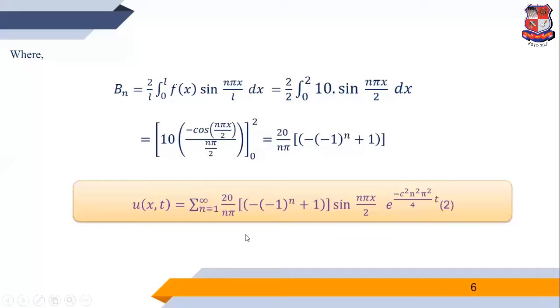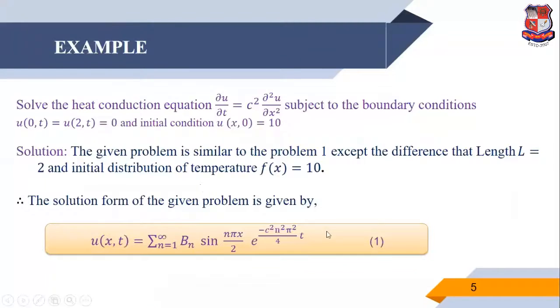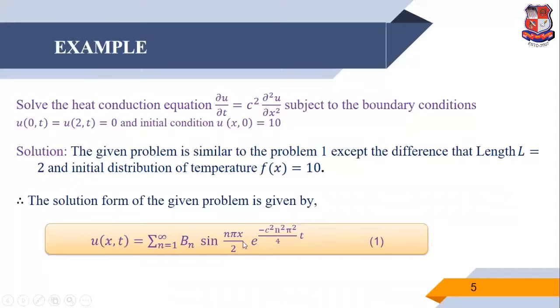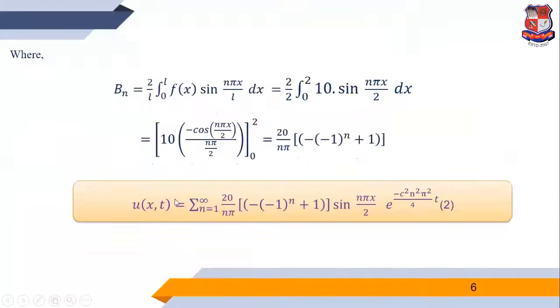We put this b_n in equation 1. Therefore, we get the solution of the given problem with initial and boundary conditions, that means IBVP, initial boundary value problem.